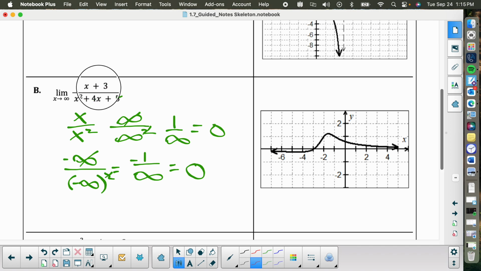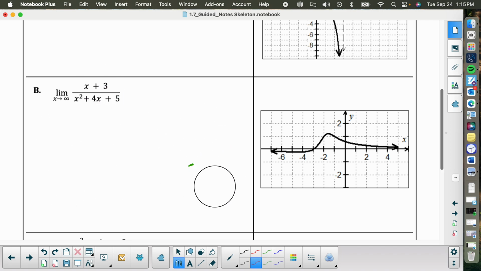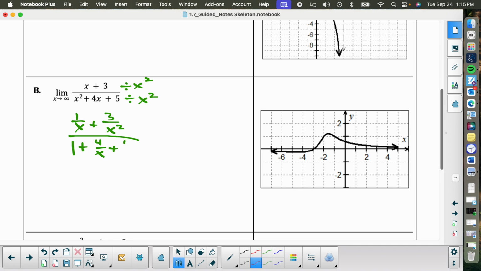Okay, book method. Divide everything by x squared. x divided by x squared would be 1 over x. 3 over x squared. 1 plus 4 over x plus 5 over x squared. 0, 0, 0, 0.